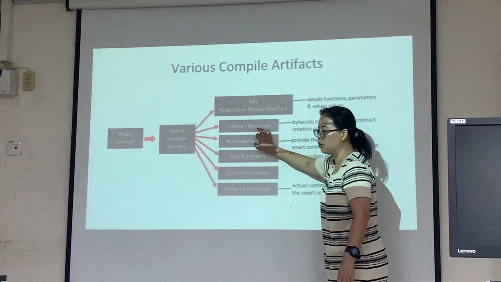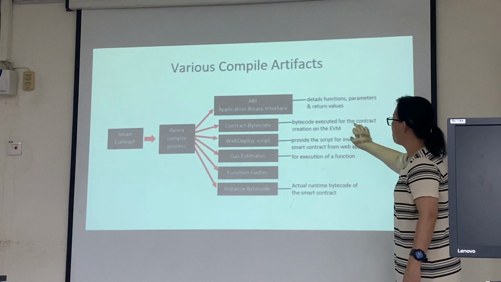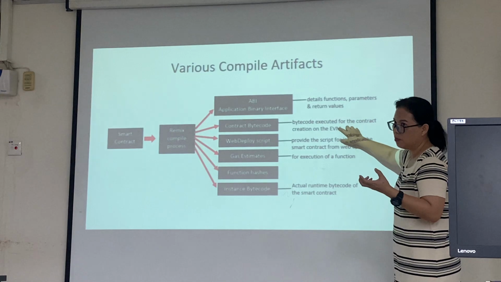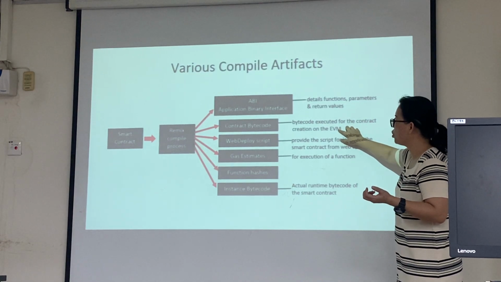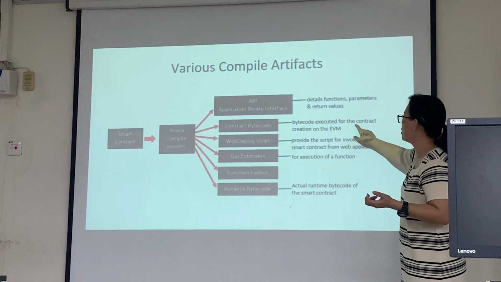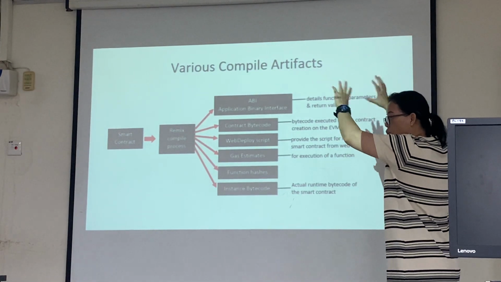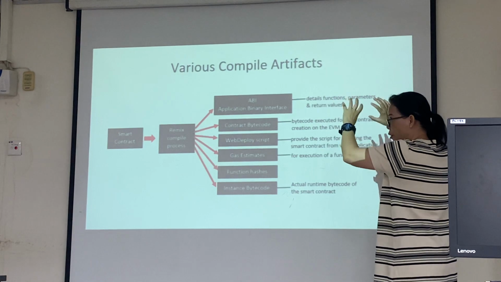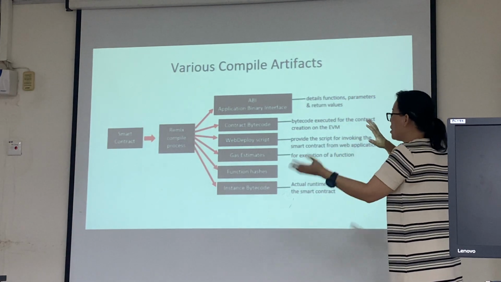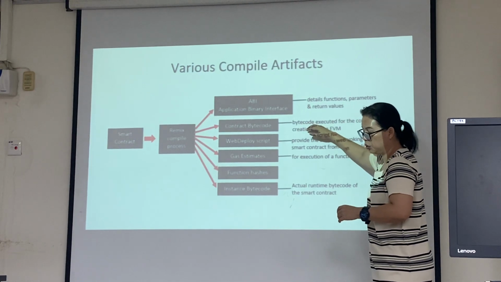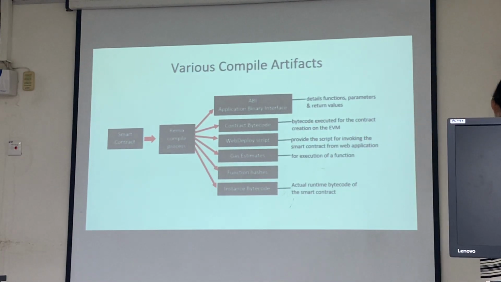Contract bytecode refers to your back end. Your back end program code is run by your virtual machine, your Ethereum virtual machine. Bytecode is executed for the contract creation. So whatever you saw in your .sol file, with all your function names, they have already been converted into the low level language, which is the bytecode, for execution.